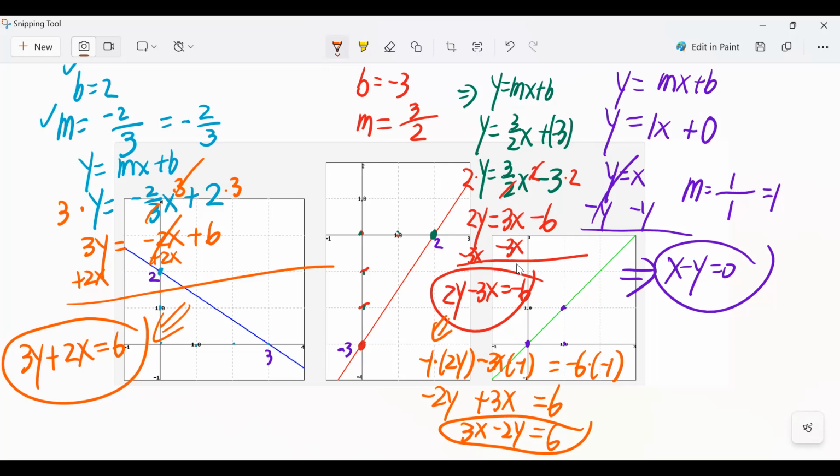Don't get this one first. Multiply everything by -1. Get that 3x minus 2y equals 6. Yeah, I think it's right. No mistake here.